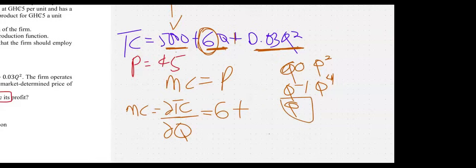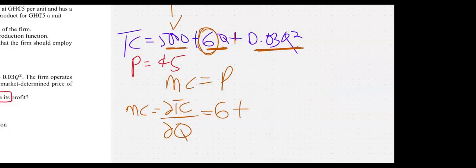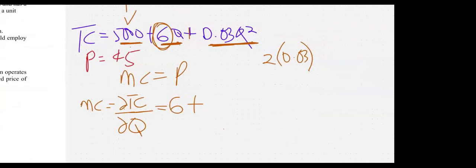All right, so let's finish it. Here, I'm differentiating the 0.03Q squared. Since I'm differentiating it, I'll multiply the 2 by the 0.03. So it's going to be 2 into bracket 0.03, then Q exponent 2 minus 1.